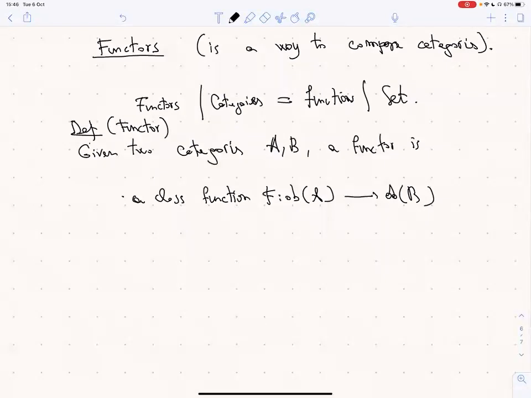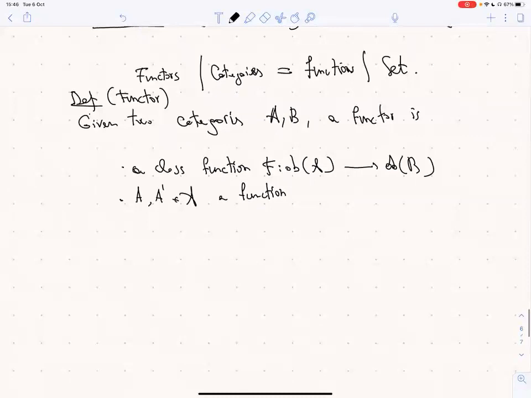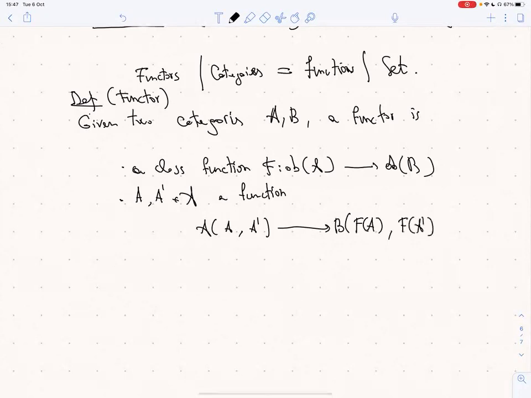Then we have, for each A and A prime in A, a function which goes from Hom between A and A prime, to Hom between F of A and F of A prime. So it's also an assignment on functions.